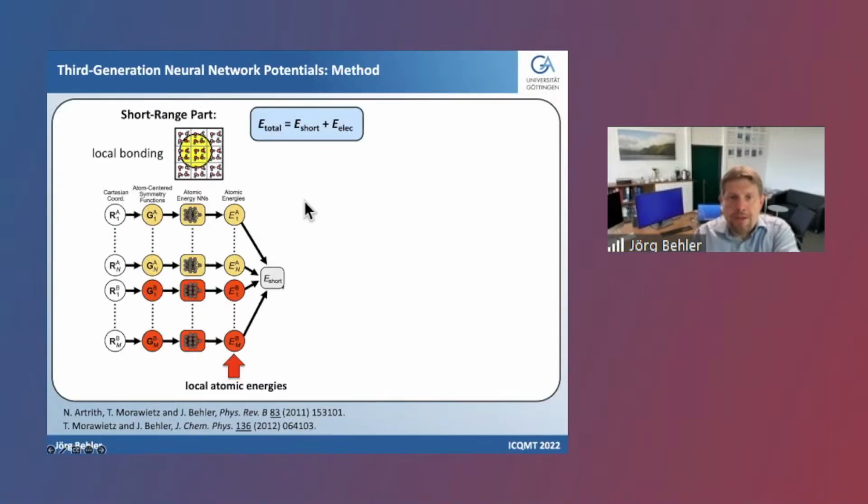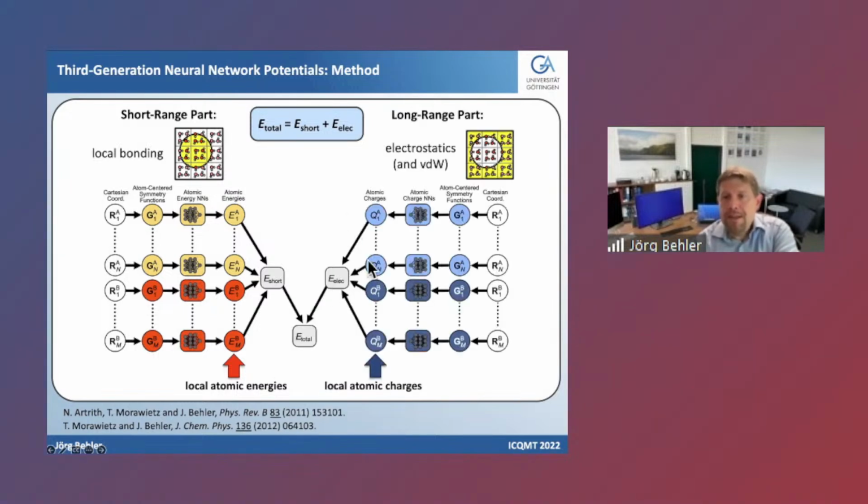So the total energy then would be a sum of short-range energy, which is the energy of the second generation, basically, which I've explained to you before, which is shown here again. And then, as a second ingredient, there's an electrostatic energy. And this is based on a set of replicated atomic neural networks.